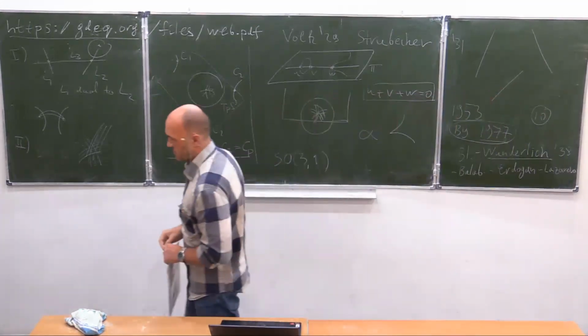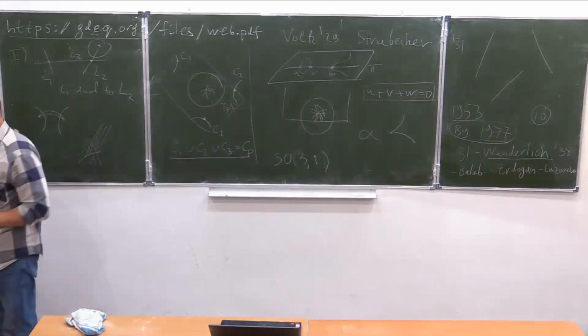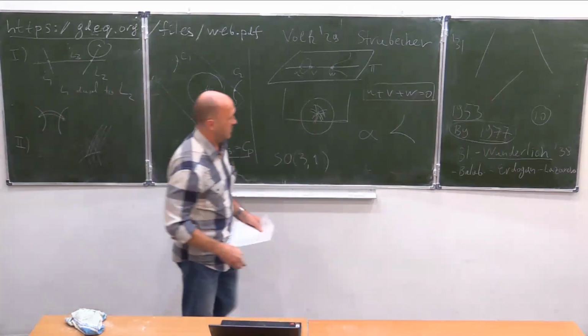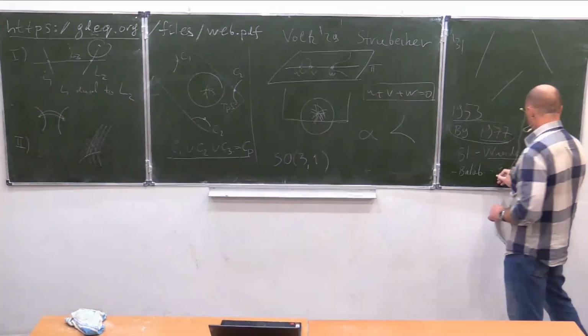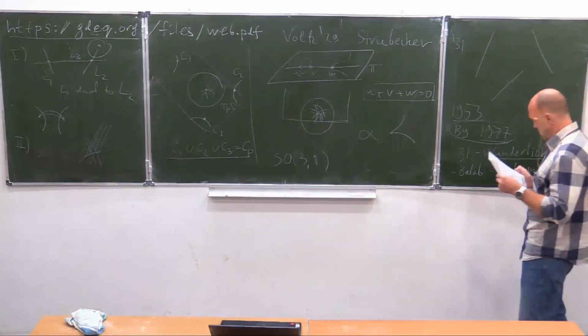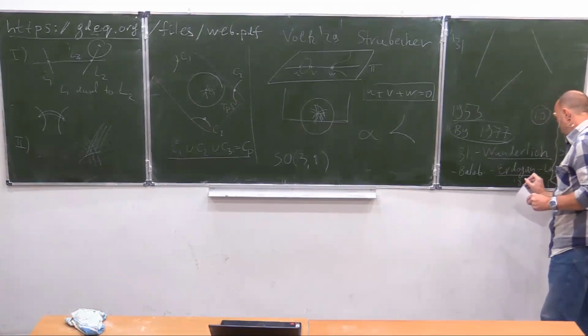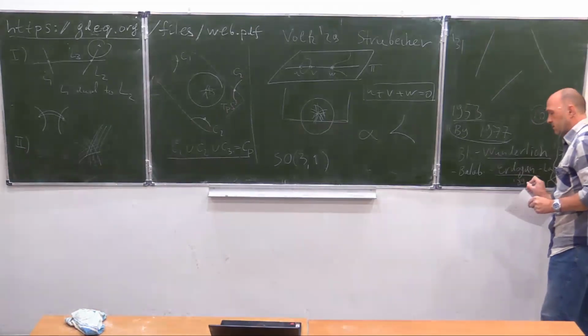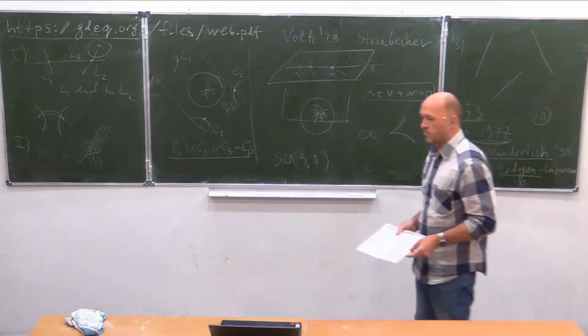And there was a first attempt to prove that this list is complete by this Turkish mathematician Erdogan. It was in 1989.